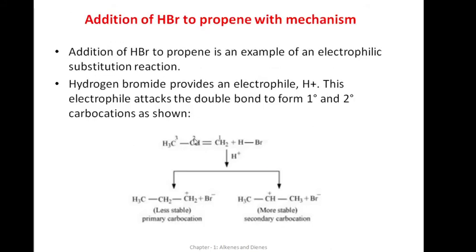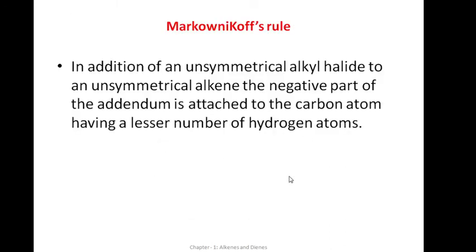Symmetrical means if you cut it into two halves, it has to be two equal halves. Okay, that's not happening. So this is an unsymmetrical alkene and this is an addition reagent, which is an unsymmetrical reagent. Kindly do not consider the words alkyl halide. It is addition of an unsymmetrical reagent to an unsymmetrical alkene.